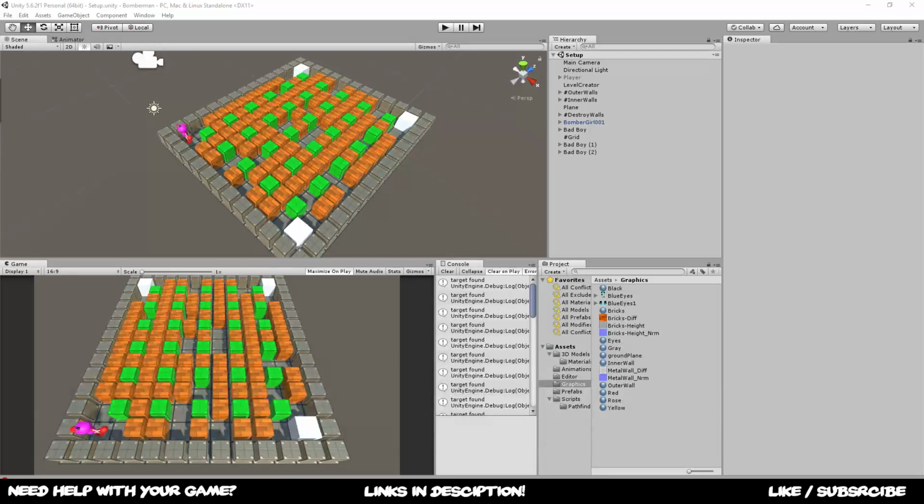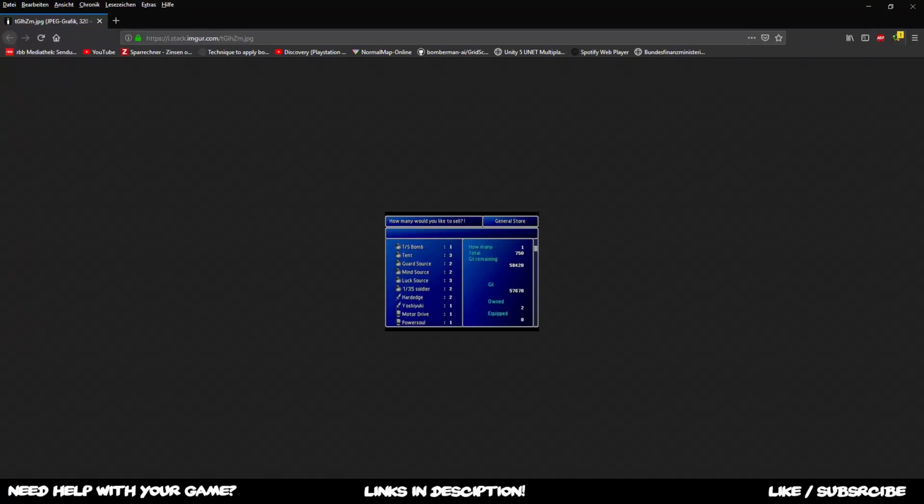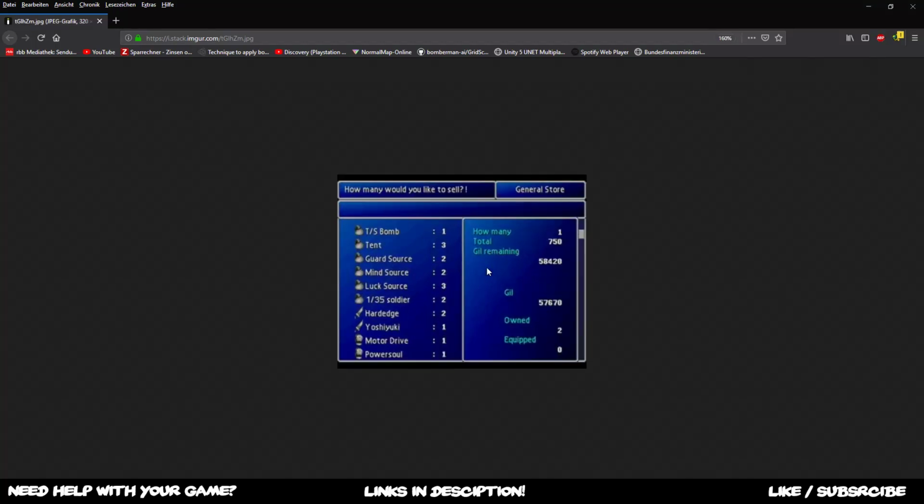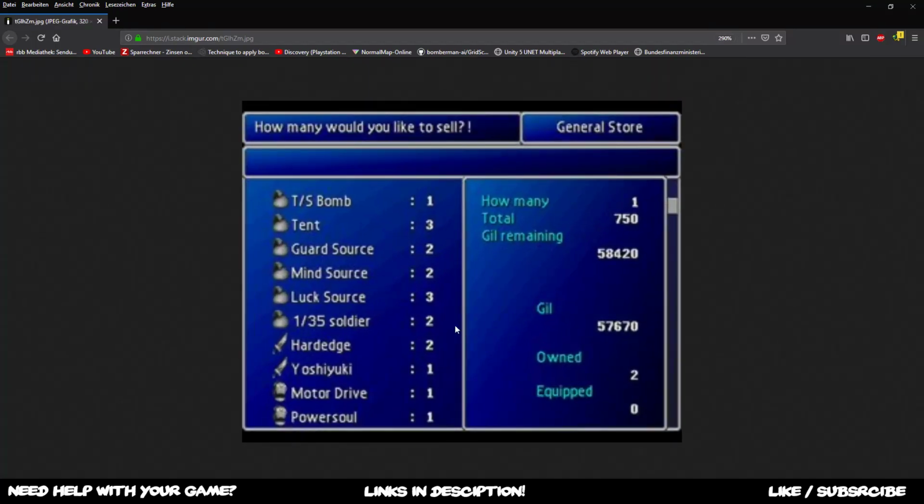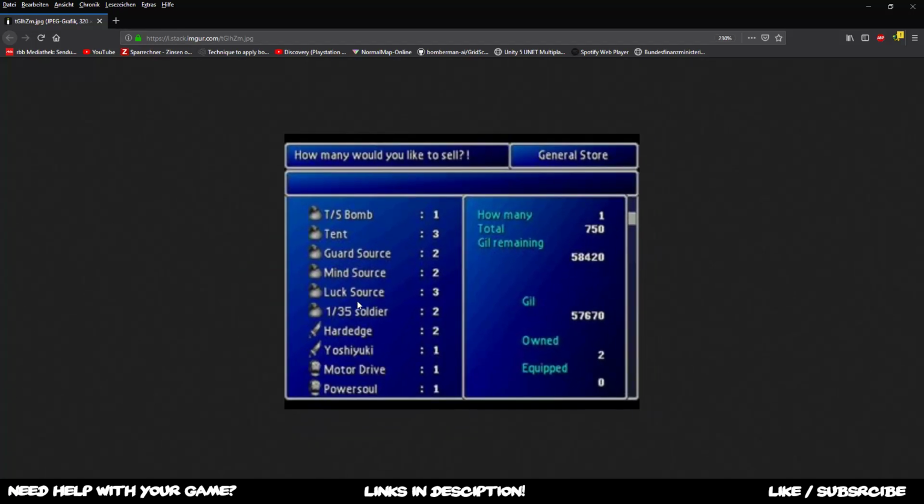So I have no idea what the Final Fantasy VII one is going to look like. So I'm gonna Google this pretty quick. Final Fantasy VII inventory, because most of the inventory systems are kind of the same, they just look different. So most of the time you just see different images or something like that. So I'm gonna make it big. I'm not sure if I can show this here, but I just do. I don't care. So probably this one is the one you were looking at before, and I already have some kind of that system already.